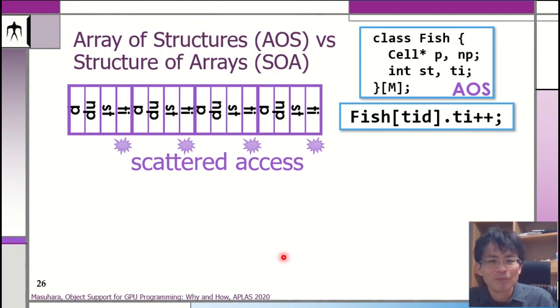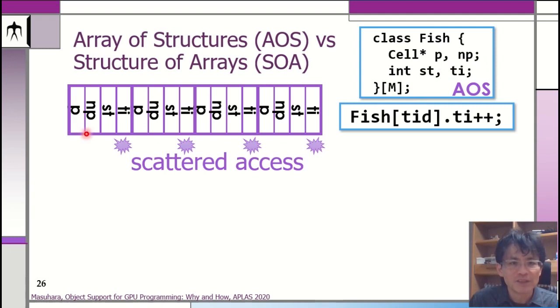So what is an array of structures? This is the normal memory layout in object-oriented languages. If you have one class declaration called Fish, which has 4 fields, P, NP, ST, and TI, and we create an array of Fish, then those fields are allocated in memory in this way.